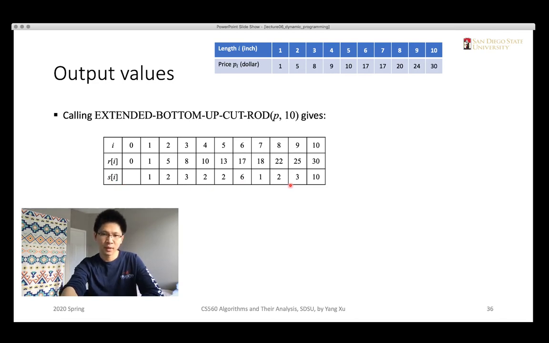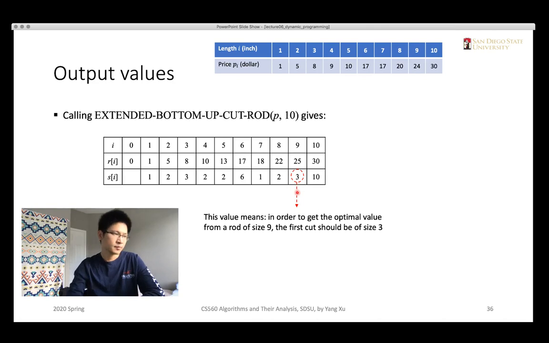For example, S of 9 has the value 3, which means that in order to get the optimal value from a rod of size 9, the first cut should be of size 3.